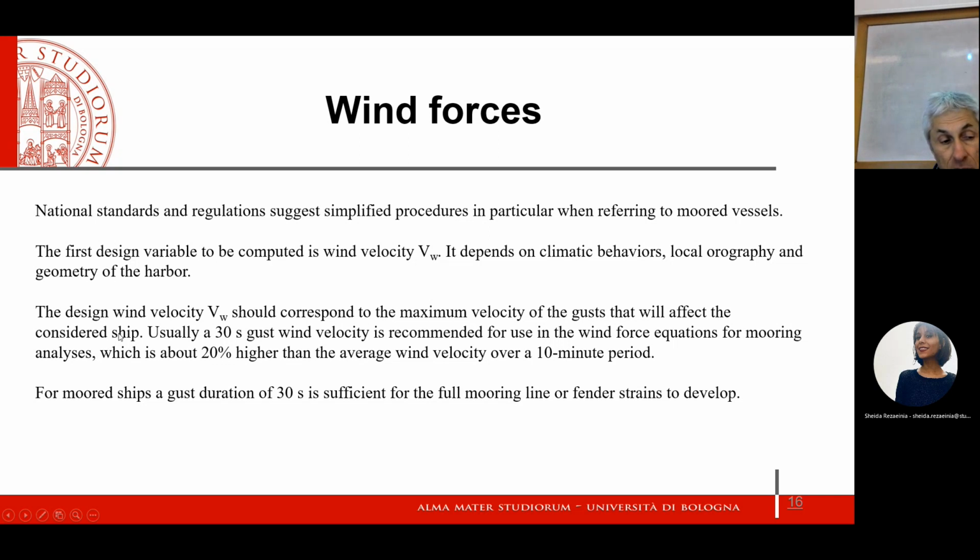We will talk about return period later, which means an assigned frequency of occurrence, an assigned probability. And on the other hand, it should correspond to the max velocity of the gust that may affect the considered ship. So you know that the wind velocity is variable.